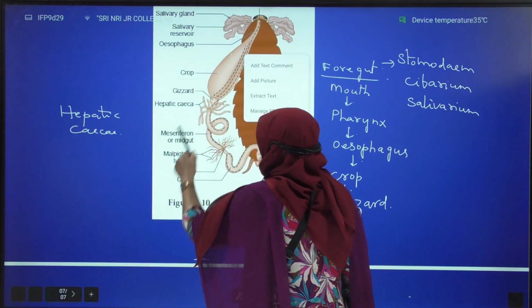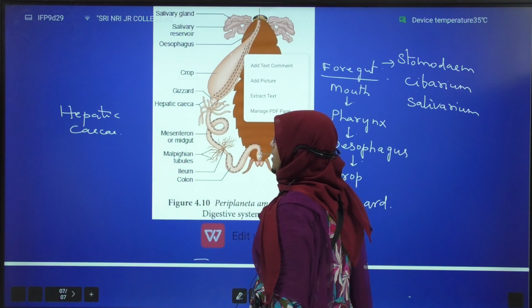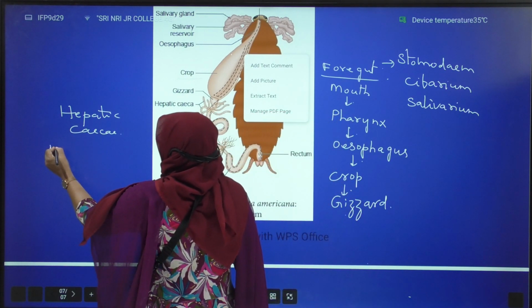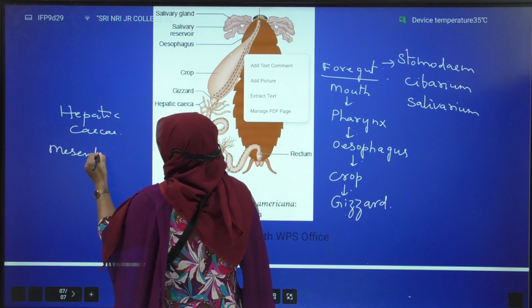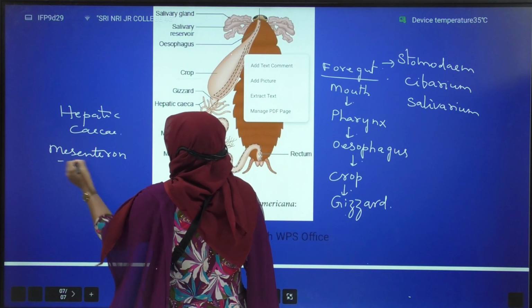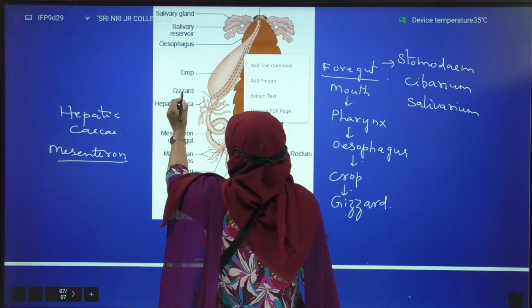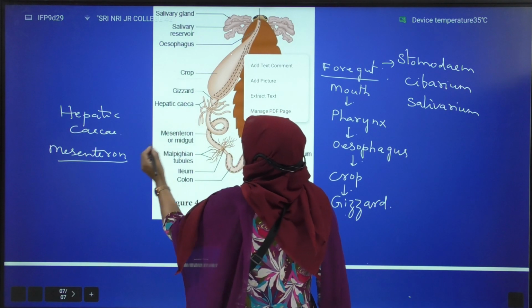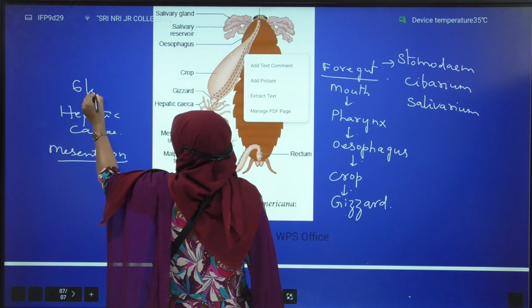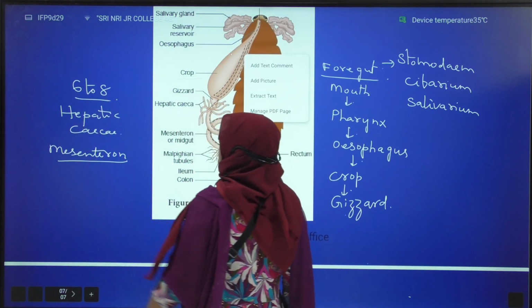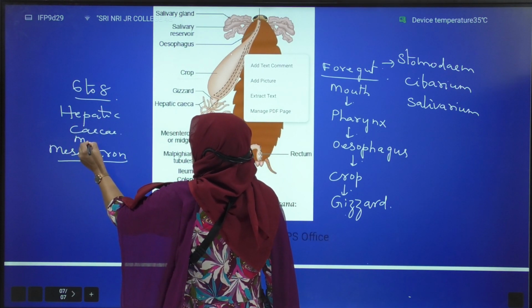Mesenteron is the second part of the alimentary canal. At the junction of the gizzard with mesenteron, six to eight hepatic caeca are present. They are also called midgut caeca.